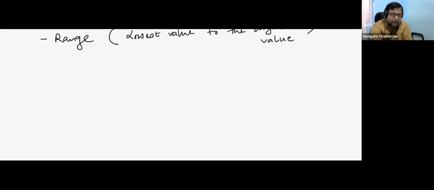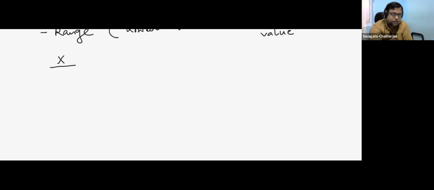We'll talk about that. Let's say I have one data set which has these observations: 2, 4, 6, 8, 10. What is the mean of them? 6. Now I find out how distant each of these observations is from the mean.